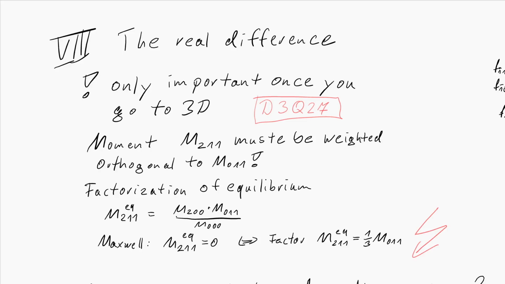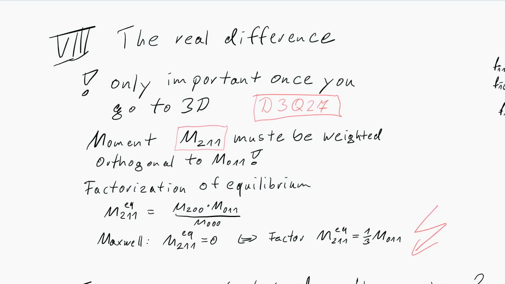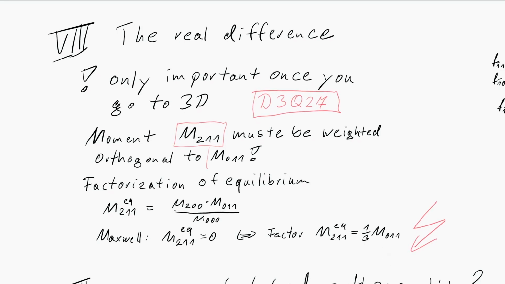The problem that emerges in 3 dimensions, and I only give a rough sketch of this because it's kind of complicated, is that we have this moment of fourth order. In countable terms, it would be M211. And this guy must relax independently of the moment M011.